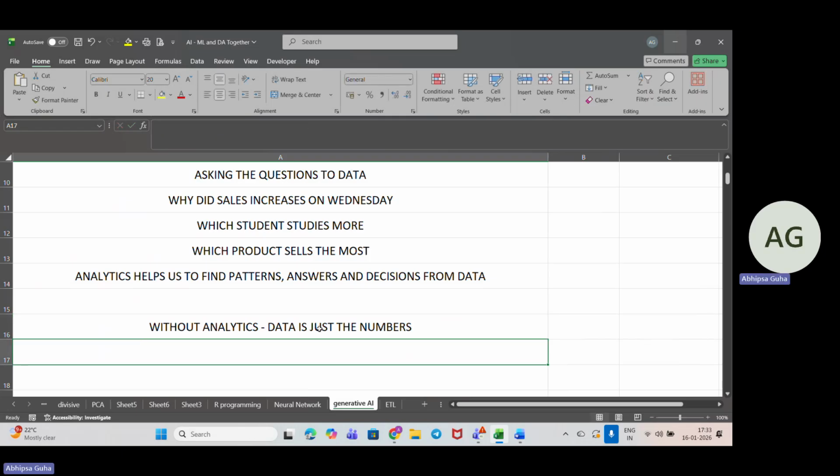Now coming down, with analytics, data becomes knowledge.